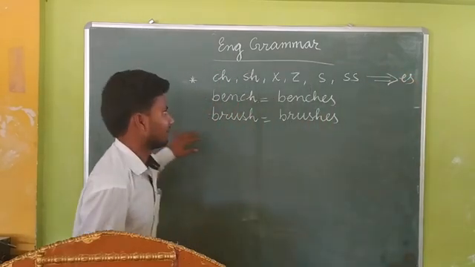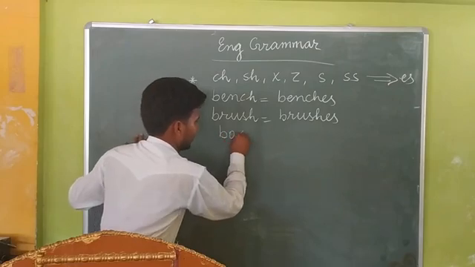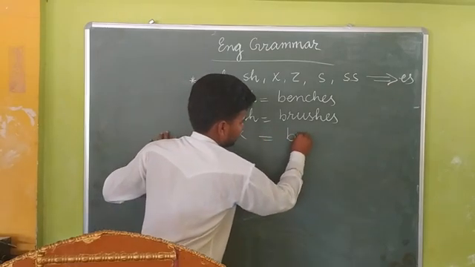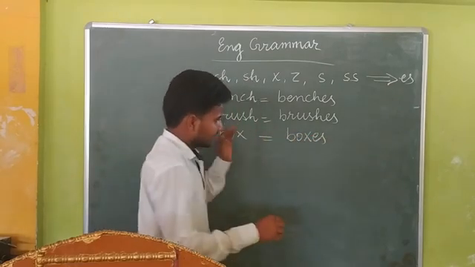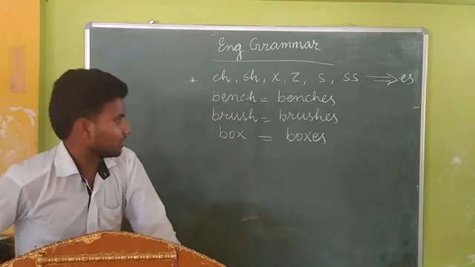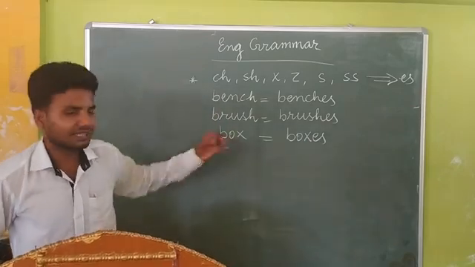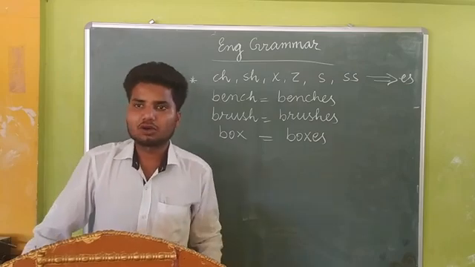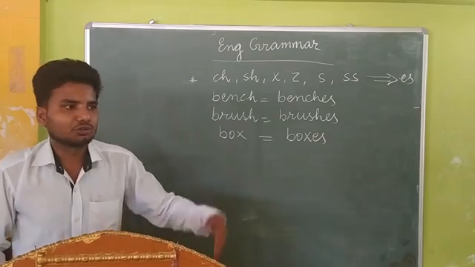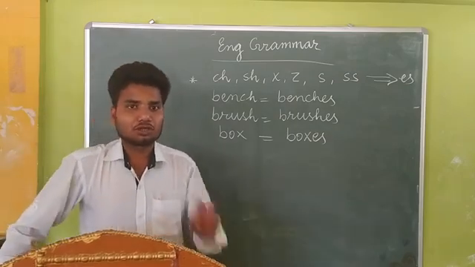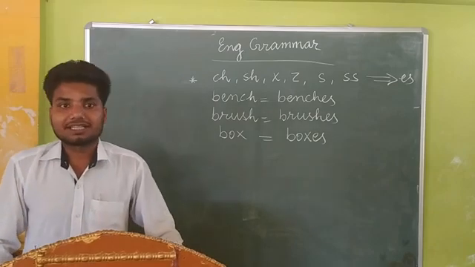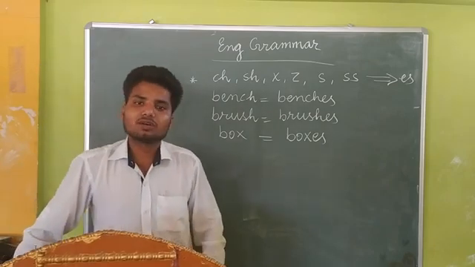And I have given the example box, boxes. That means if you are talking about a single box, you can say there is a box. If there are two boxes, in that condition you need to say there are two boxes, because you are talking about two, and two is considered plural because two stands for more than one.